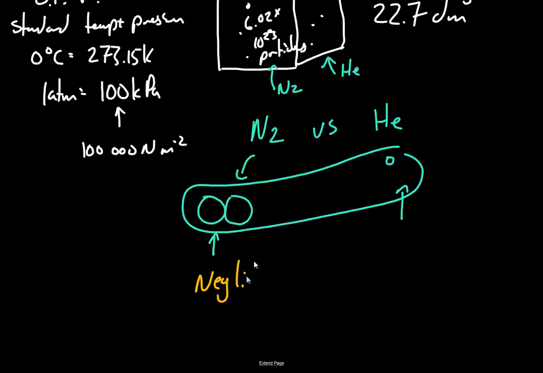They act like points. A point actually takes up zero space, like a mathematical point. So it doesn't matter which gas you're talking about now. They take up the same space relative to the volume that you have here.